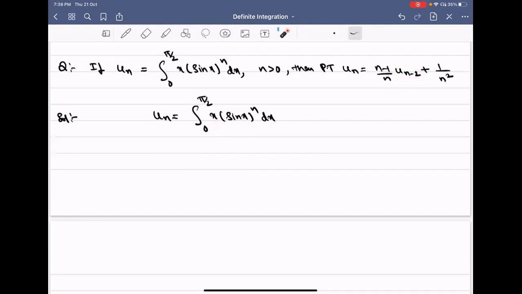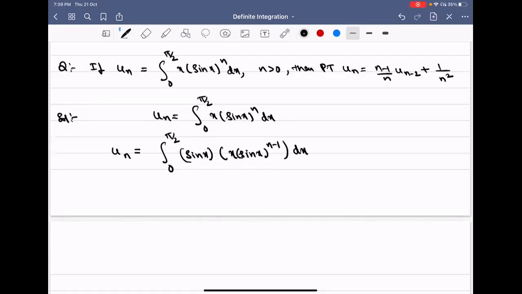If you use integration by parts, x will be removed. That's why here what you do is, don't use integration by parts directly, but write Un as integration of 0 to pi by 2, write down sin x power n as sin x into (sin x) power n minus 1 dx, times x.